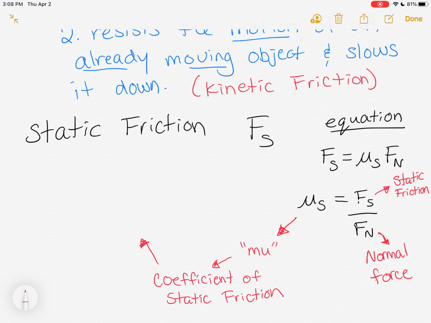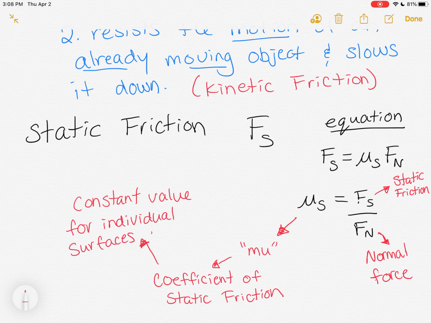This coefficient of static friction is a constant value for individual surfaces and objects. It is different depending on what object or surface we're looking at, but if we are looking at the same object or the same surface, its coefficient is constant and will not change.